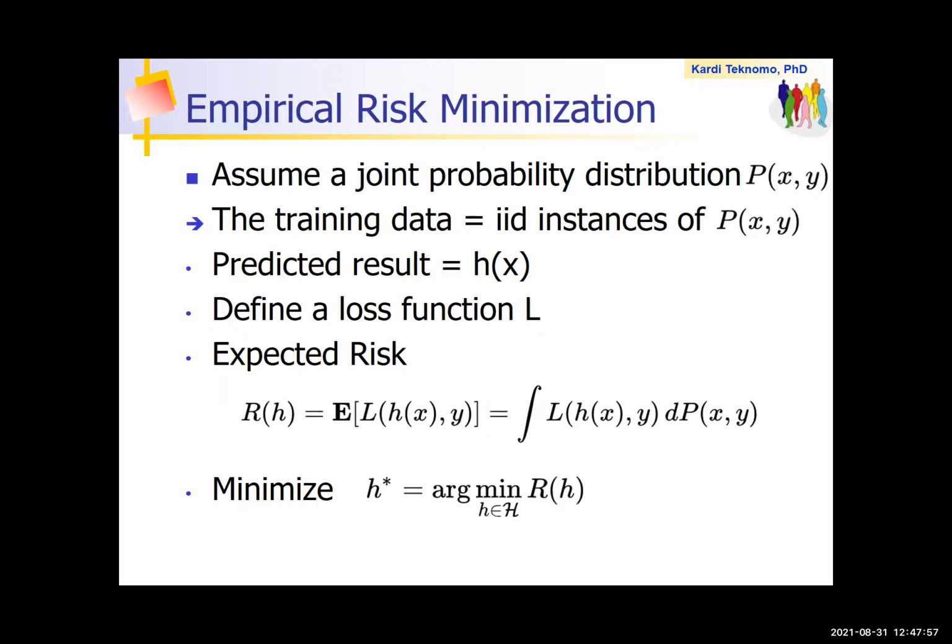Now, to calculate the empirical risk, you need to assume some joint probability distribution. And don't forget, when you use the training data, that training data has the assumption of being IID. What is IID? Independent and identically distributed, with respect to that joint probability distribution.